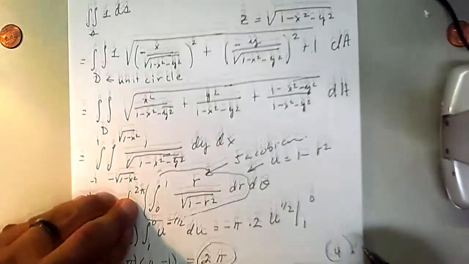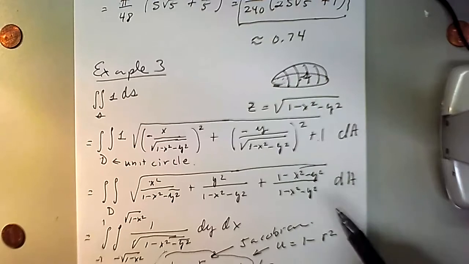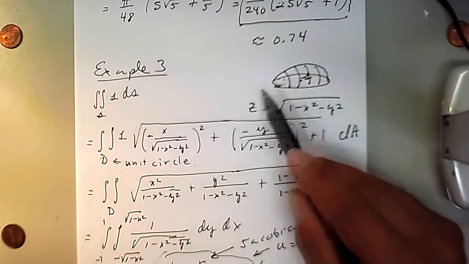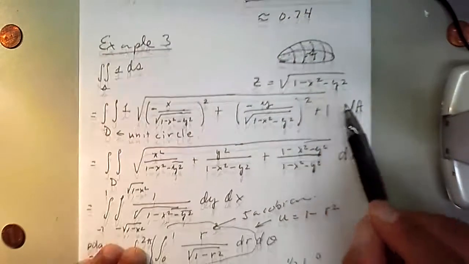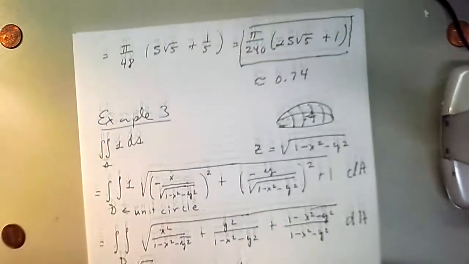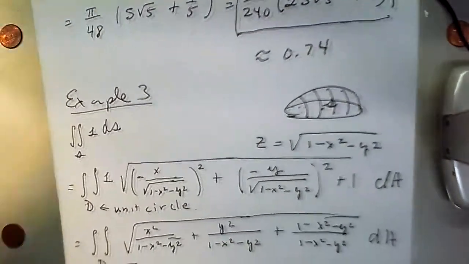Of course, we could have done that also in Calc 2 by finding the surface area, because this would be a surface area where the surface is produced by revolution. So we could do that also. However, it is good to do this from the multivariable point of view.